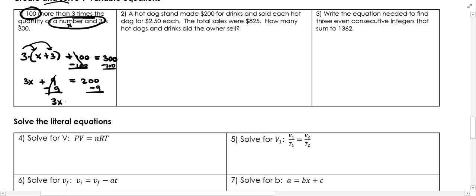We have 3x equals 191. Divided by 3. Who came up with this? I don't even know if it's divisible by 3. So we might end up with a decimal. Let's look at this. Oh, yes, that's right. I came up with it. Well, I guess it's 63.7.